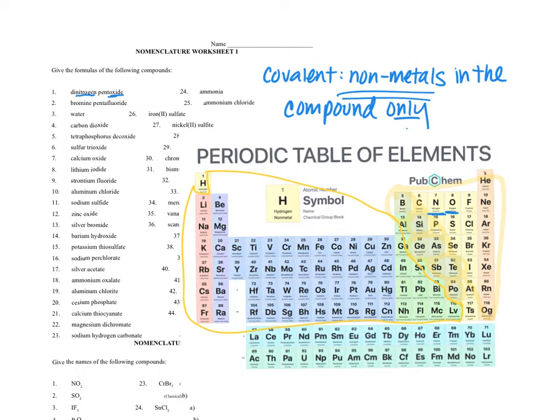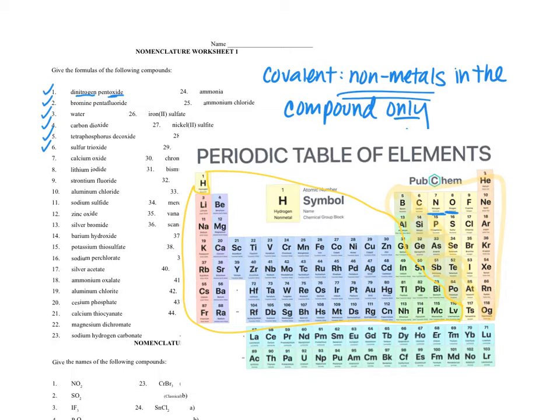Using that logic, I'm going to put a little check mark next to the number of the ones that are covalent. So this is covalent, this is covalent, water is covalent, carbon dioxide, sulfur trioxide. 7 is ionic, because calcium's a metal.